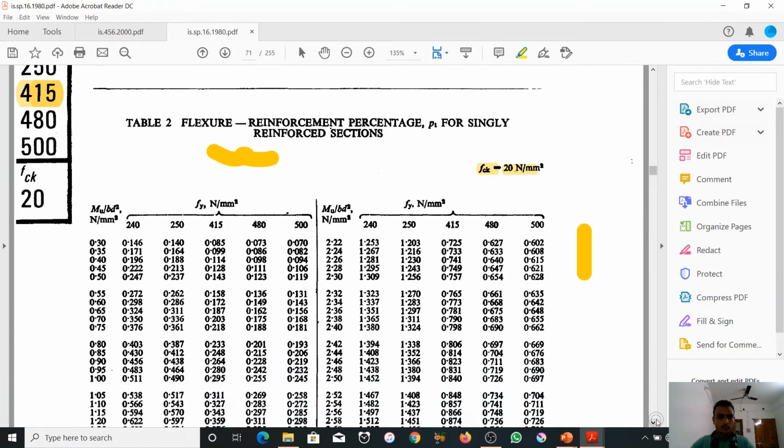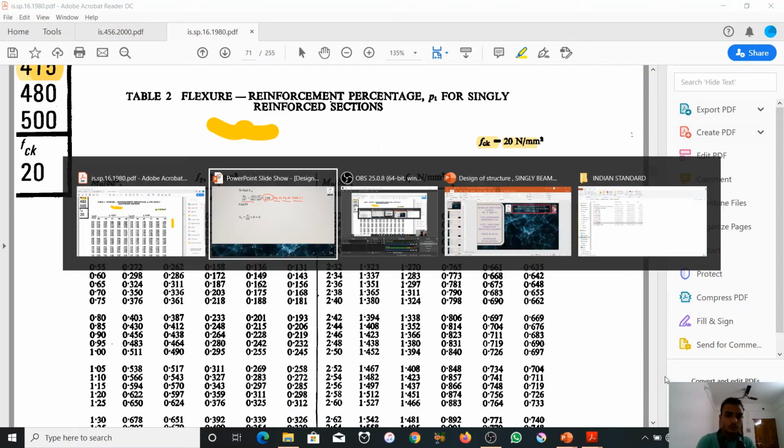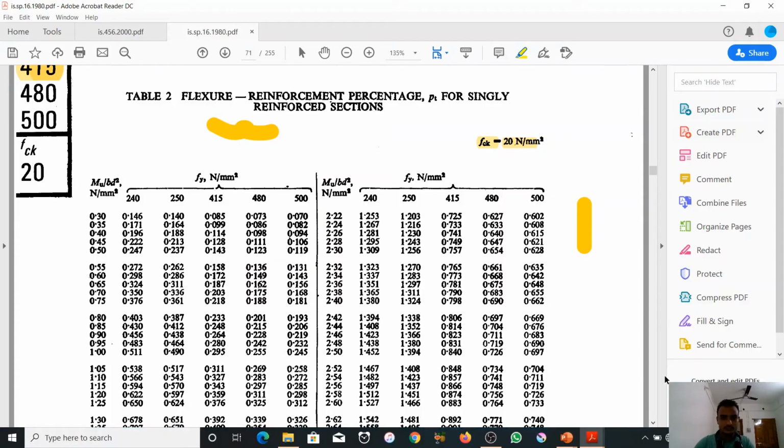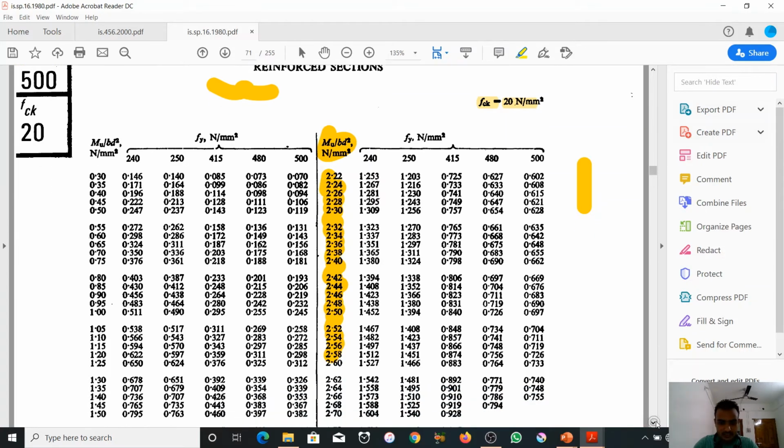Okay, so remember the Mu upon b d square value. What is the Mu upon b d square value? 2.68. So look at here, these are the Mu upon b d square values, 2.60 and so on. These all values are included. Which value do we have? 2.68.